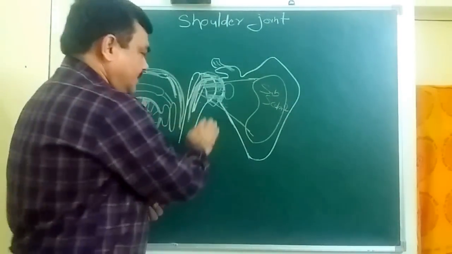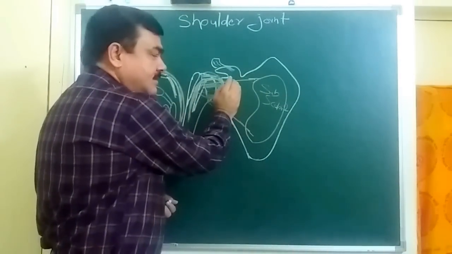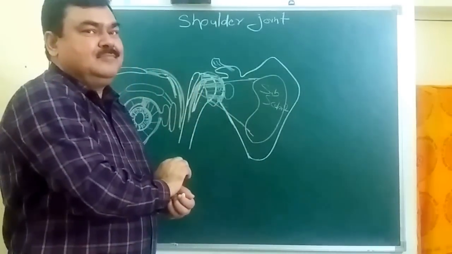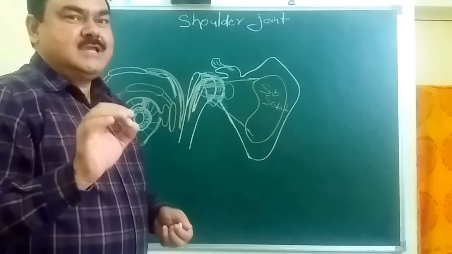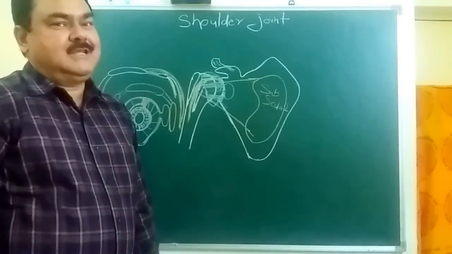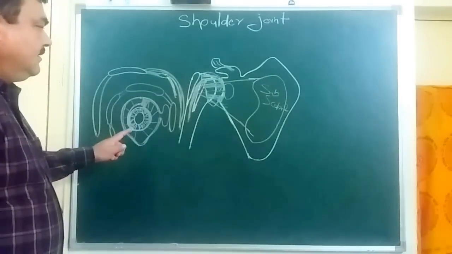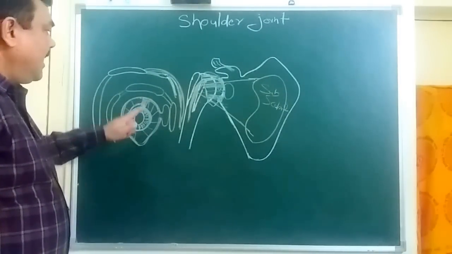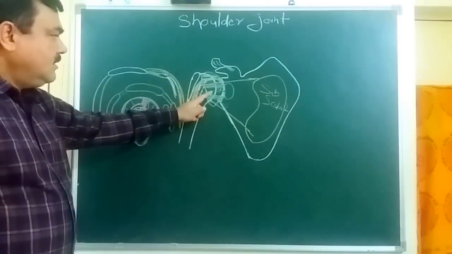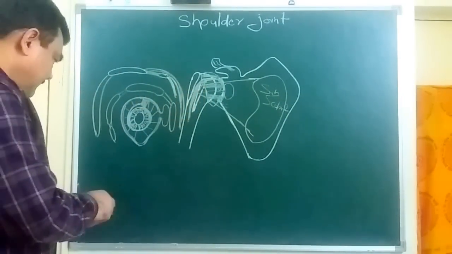After reaching below this, it may again ascend upward anteriorly or posteriorly. But the initial dislocation is infraglenoid dislocation. So this is the arrangement of the shoulder joint and its structure.